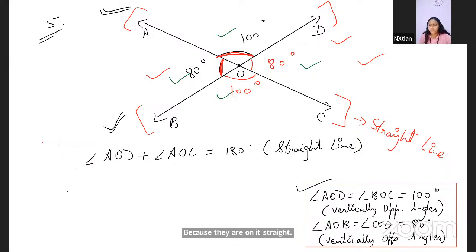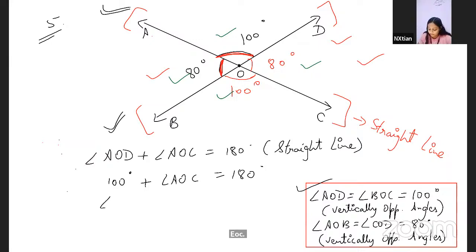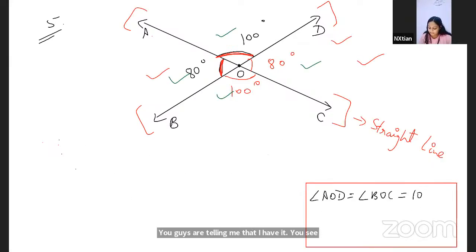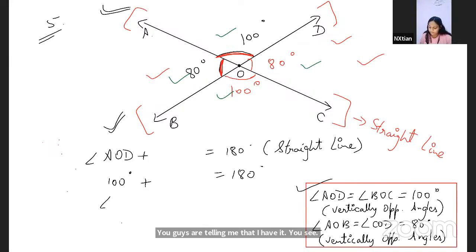Then Abraham, it is blurred, so I cannot see. Angle AOD we know is 100 degrees. 100 degrees plus AOC, which I don't know. 180 is the total. So take AOC here. You guys are not telling me that I have written AOC instead of COD.